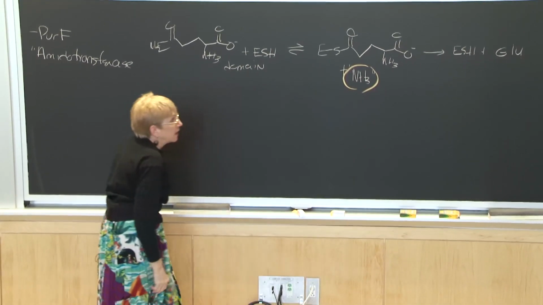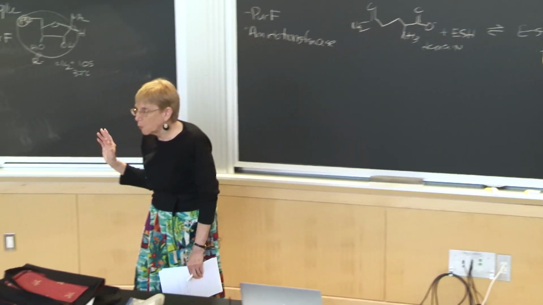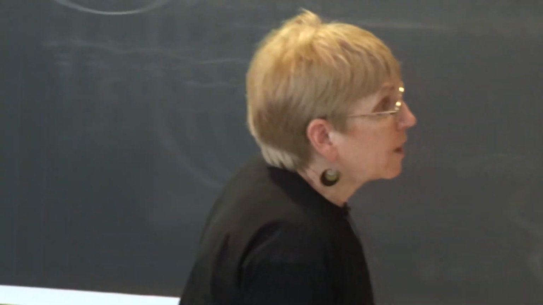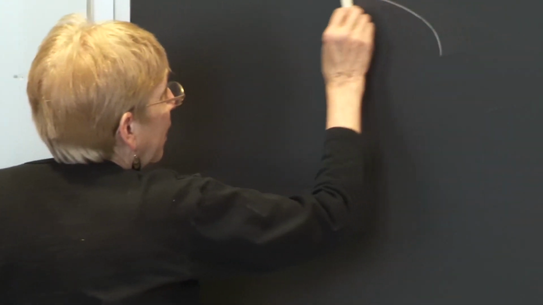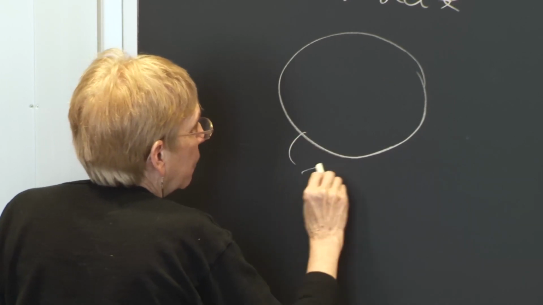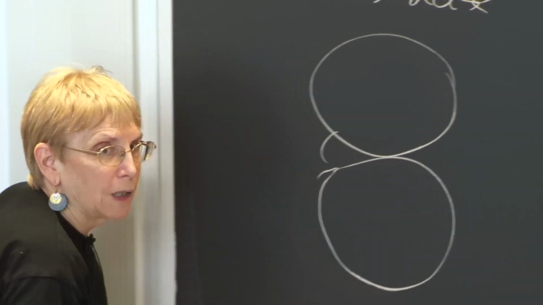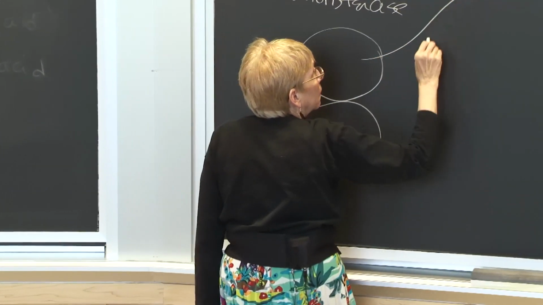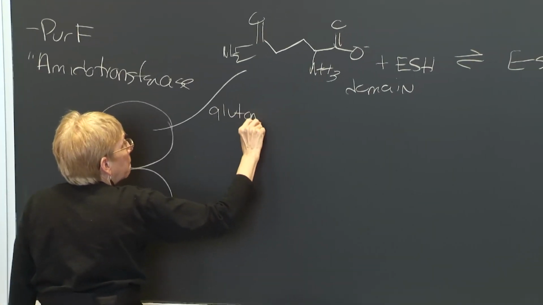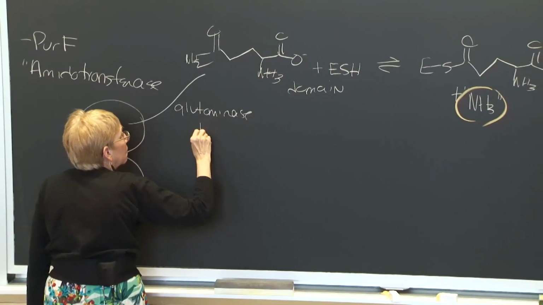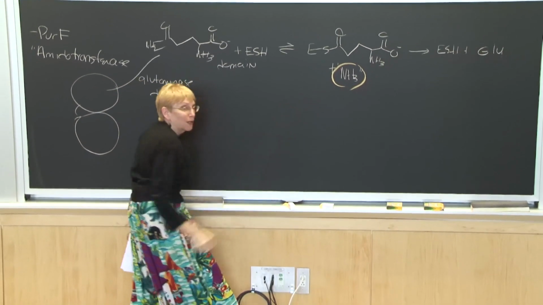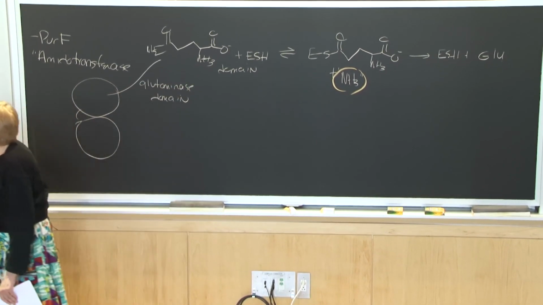What's striking to me is the way nature evolved these metabolic enzymes that generate ammonia. In a cartoon view, all of these enzymes may be a single polypeptide or two polypeptides, but they all have a glutaminase domain, which is just generating the ammonia.